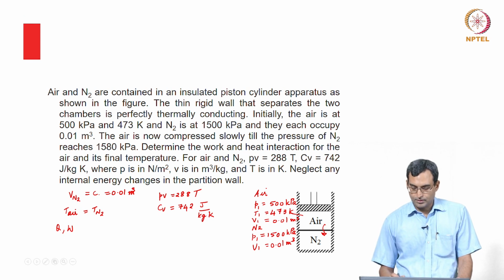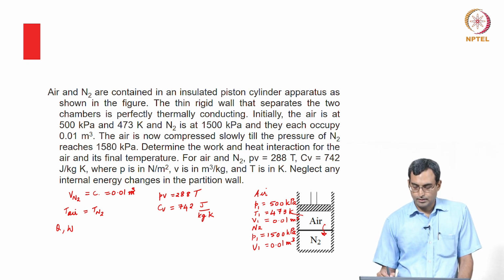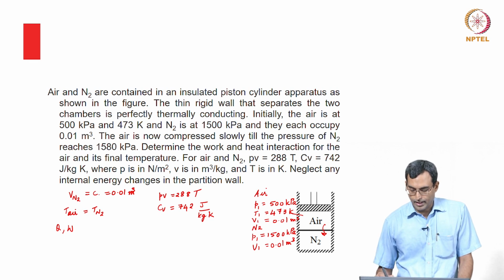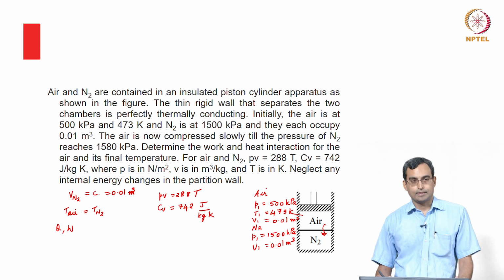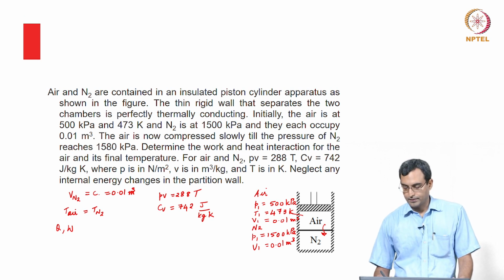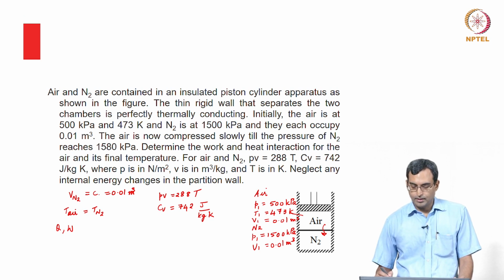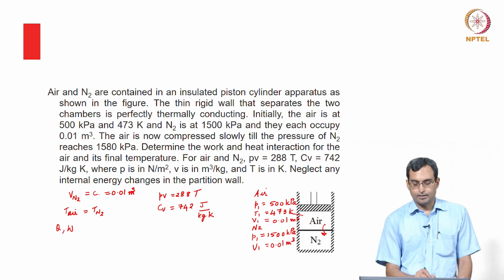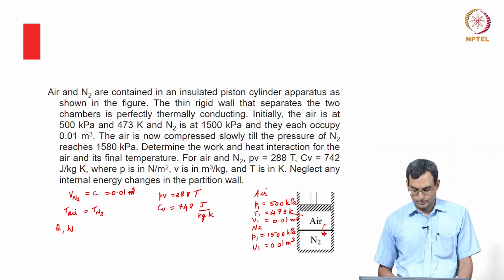So, what we have is initially the air is at 500 kilopascal and 473 Kelvin. The air is compressed down. When it gets compressed, it gets heated. Because it gets heated, it transfers heat to the nitrogen, and final pressure of nitrogen is given as 1580 kilopascal.